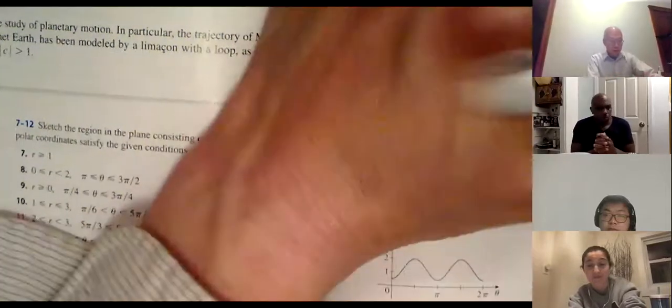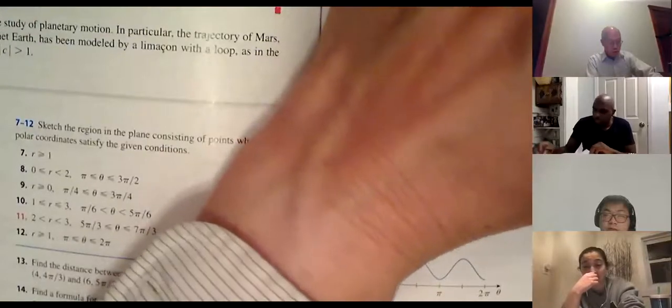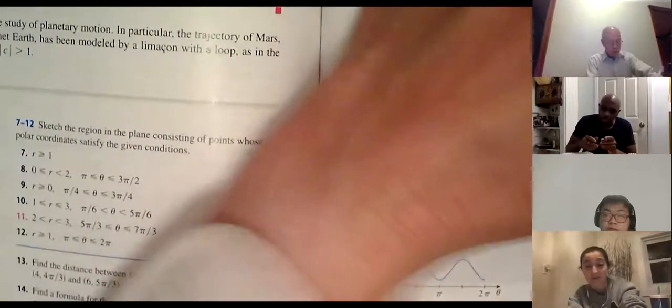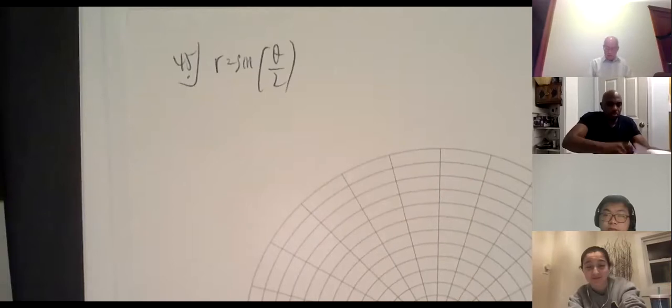So let me use one of these. r equals sine theta over 2. And let me check something here real quickly. Sorry about that.